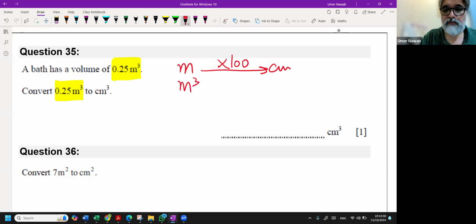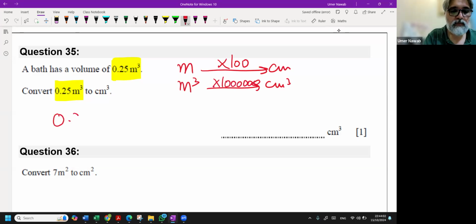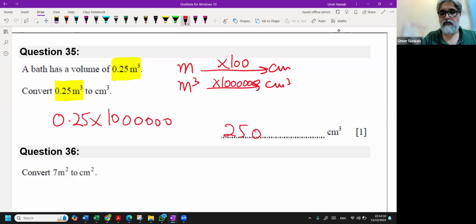But if it is meter cubed to centimeter cubed, you need to multiply the zeros with 3. So I am going to get 6 zeros. So 0.25 multiplied with 6 zeros. So I will get 2, 5, and 4 more zeros.